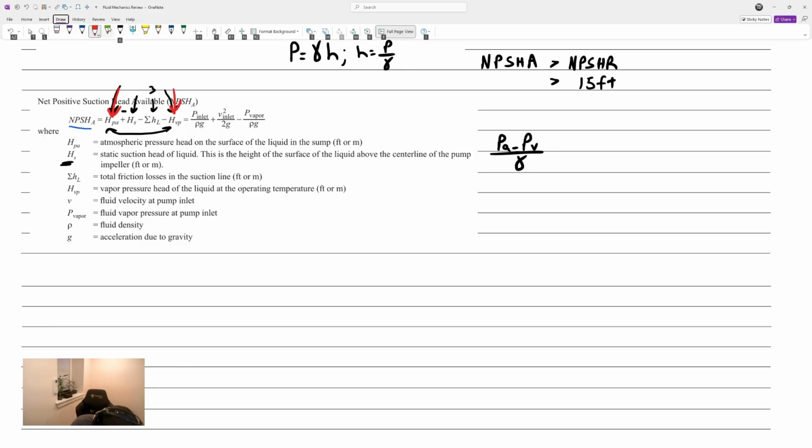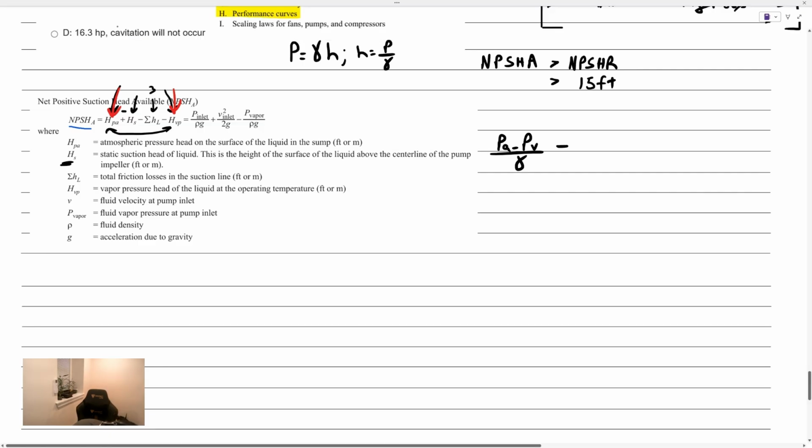And now I'm going to put together the other two terms. Remember, we are 10 feet below the center line of the pump. So that's a minus 10 contribution. And we are a minus 3 contribution since we have 3 feet of head loss inside of that suction side, just the lower side of that pipe.